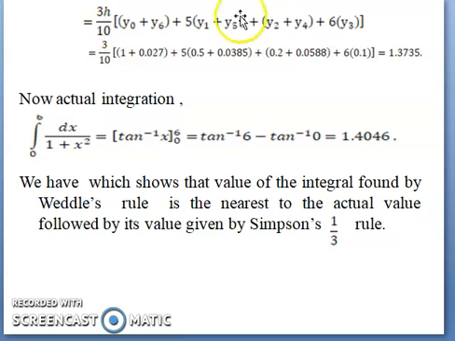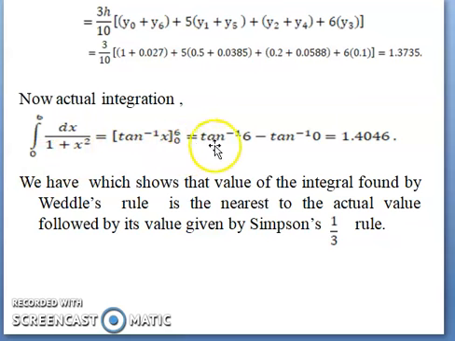On substituting the values of the ordinates, we get the result 1.3735.